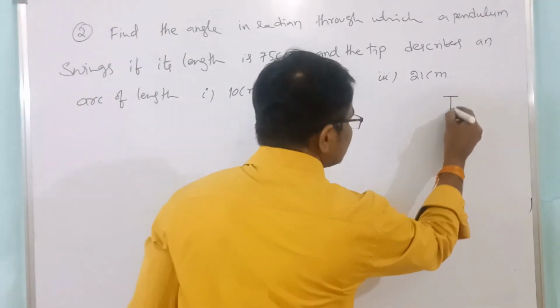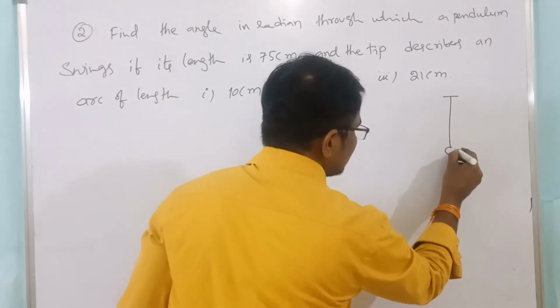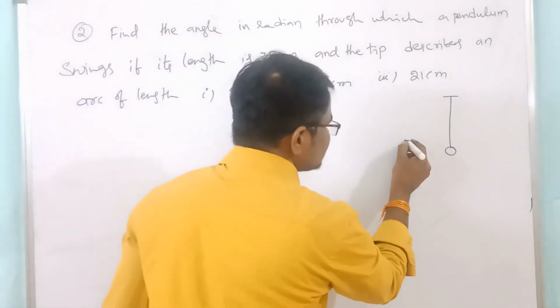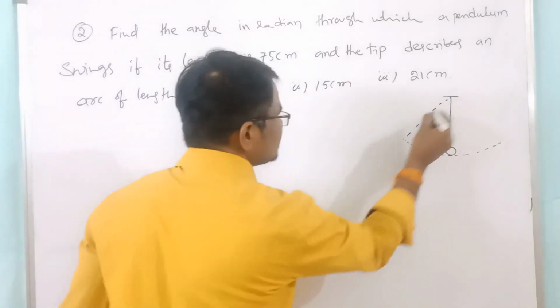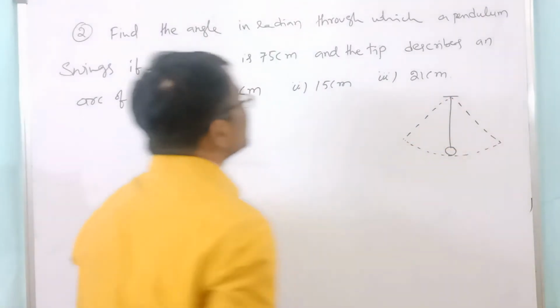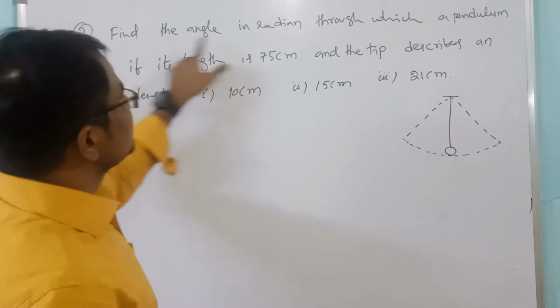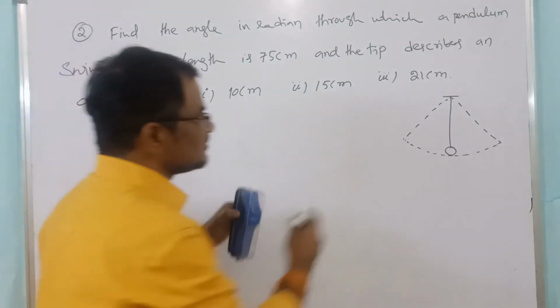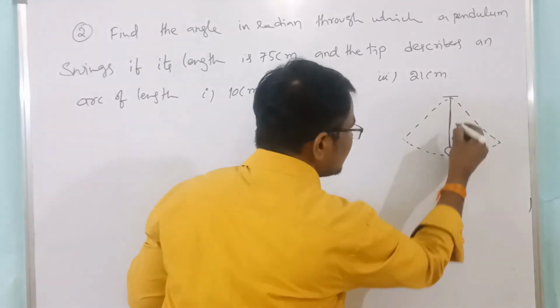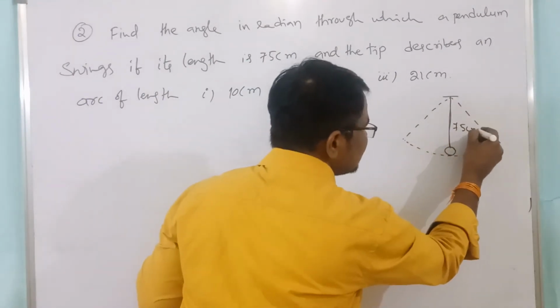See here, this is a pendulum. If you take it, it is swinging like this, right? Now what is given? The pendulum's length is given, means this length is given. How much? 75 centimeters, right?